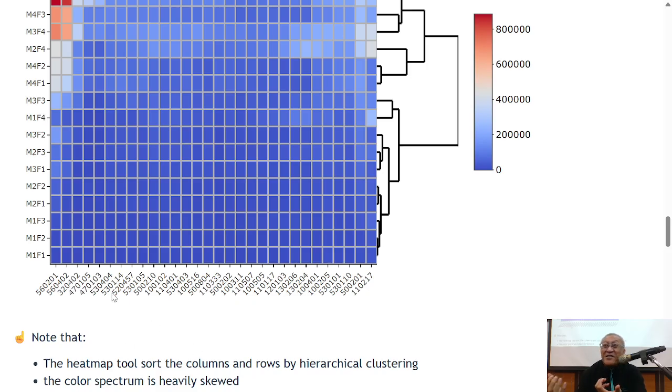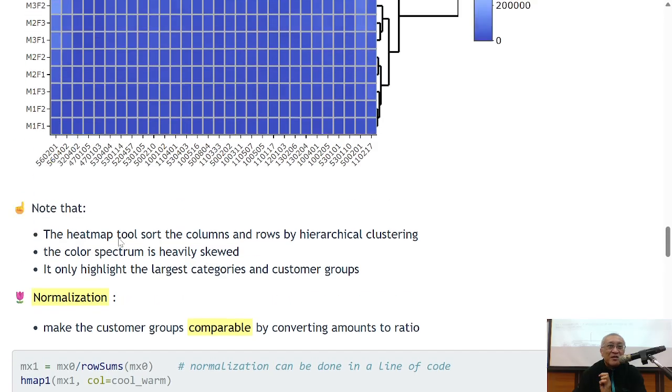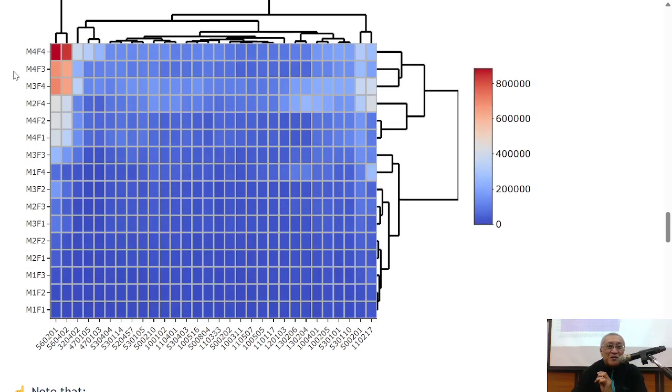Now, there's a very important concept that I want to introduce for exploration, called normalization, okay? Because the customers in M4F4 buy many times, and every time they buy a lot of money, right?